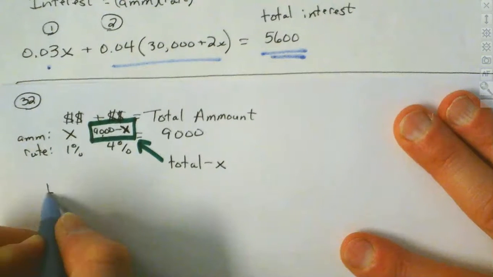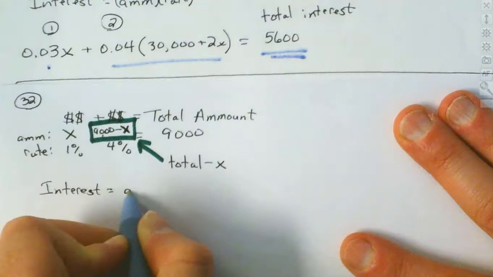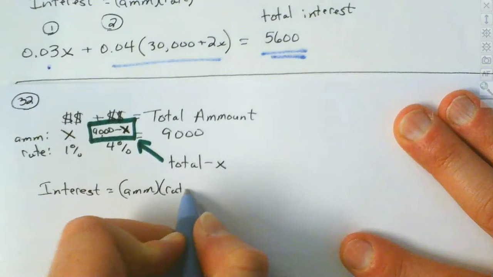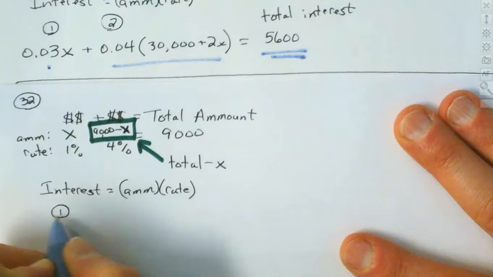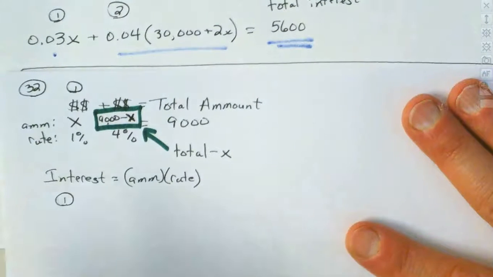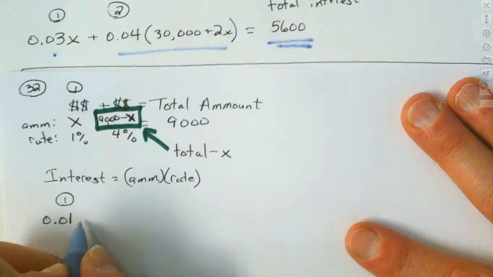So let's work with our interest. And that, again, is the amount times the percentage rate. And we'll label this one our first one. Okay, so unknown amount, X, percentage rate as a decimal, is 0.01.